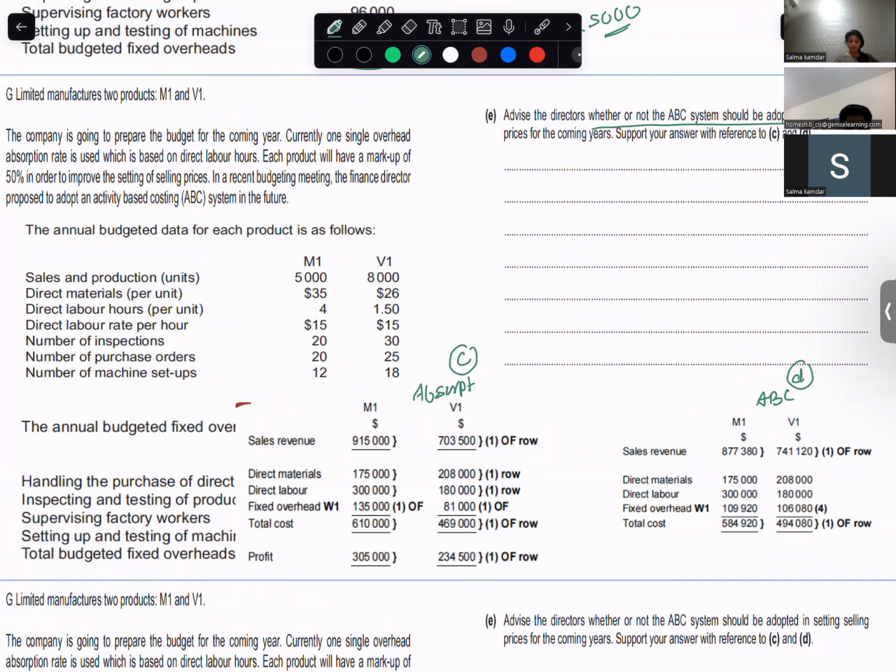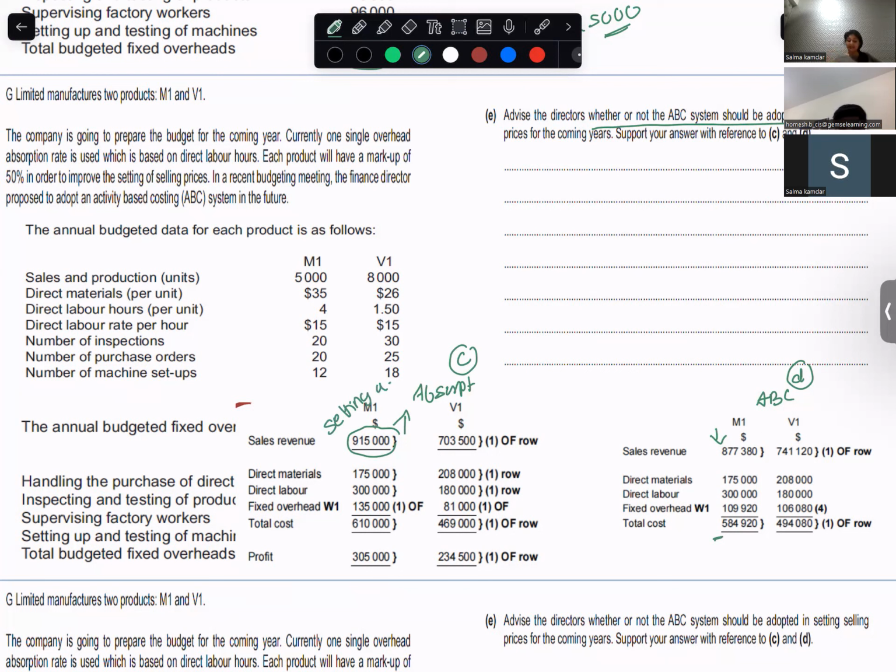If you use absorption costing to set the selling price for M1, you would set a high selling price whereas your cost was lower. So you needed to set a lower one. There is a possibility that you would lose your customers and they would opt for the competitors because you're setting a higher selling price.